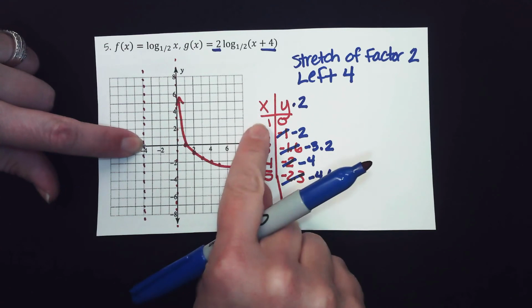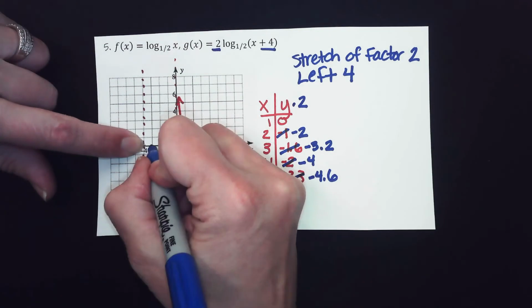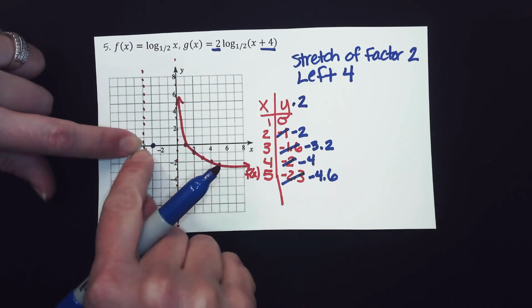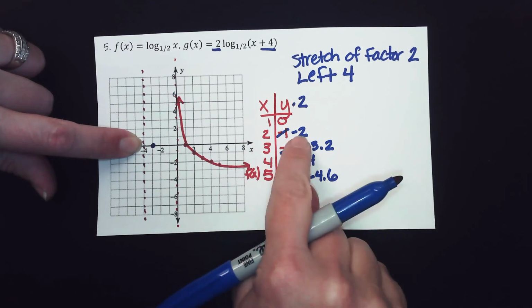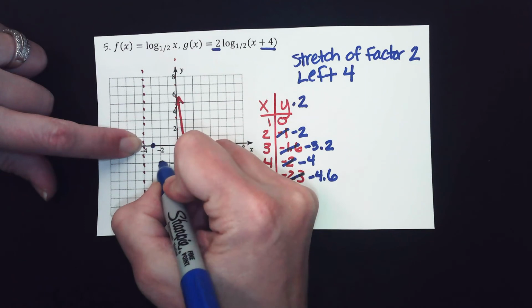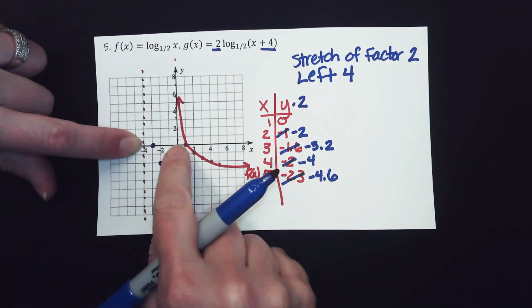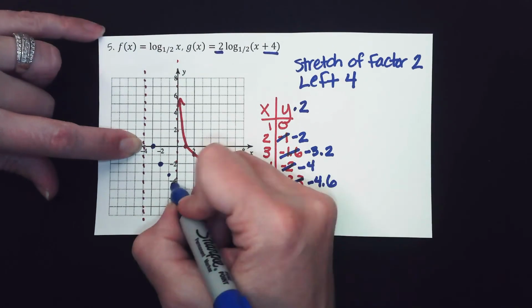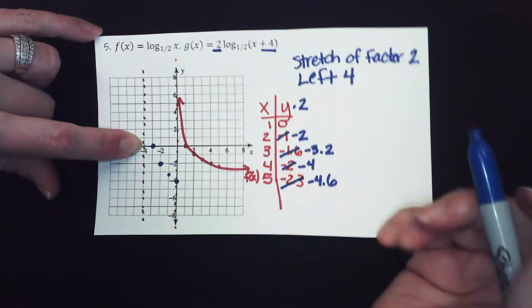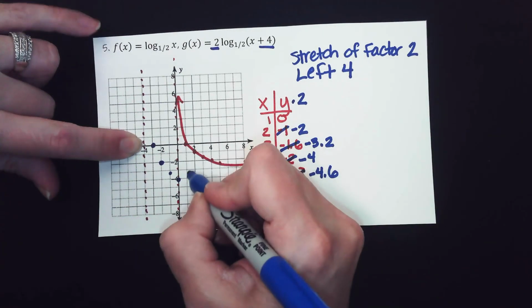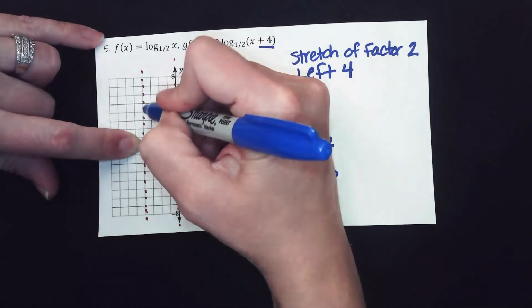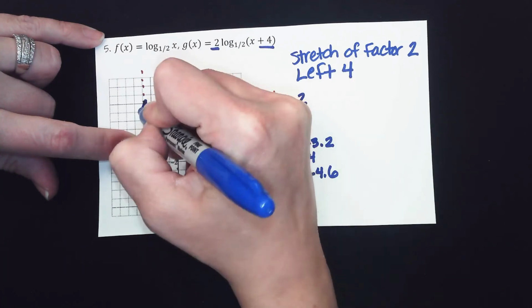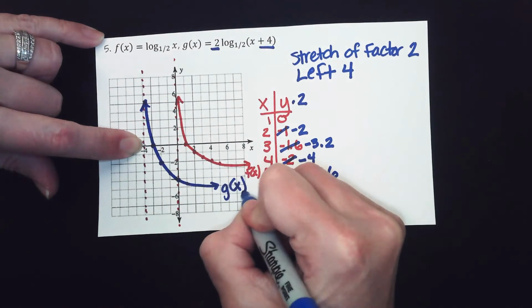So this is 0, 0, so I'm going to go right 1 from where it meets that asymptote. I'm going to go right 2, down 2. I go right 3, down 3.2. Right 4, down 4. Right 5, down 4.6. Okay, so if I draw my points, kind of looks like that. And there's g of x.